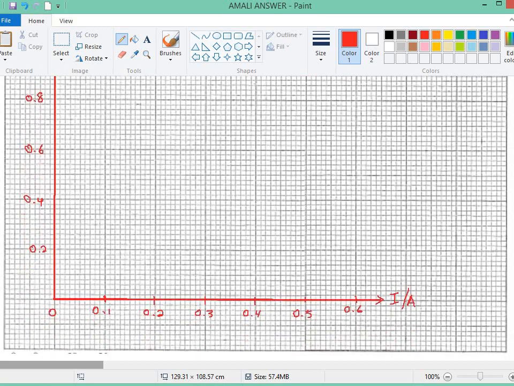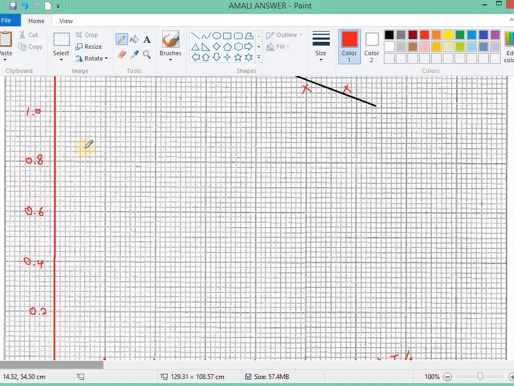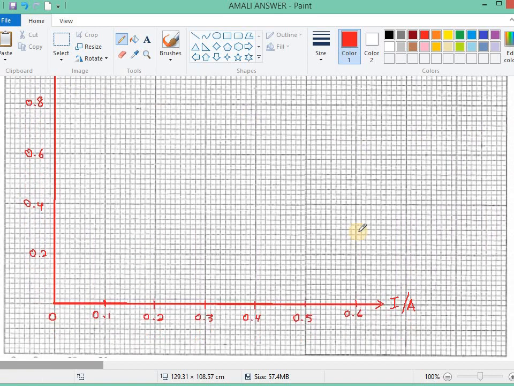You definitely cannot break the scale. You cannot go 0 and then suddenly jump to 1.0, and then 1.2, 1.4, 1.6. Cannot be like that. The scale must be continuous.